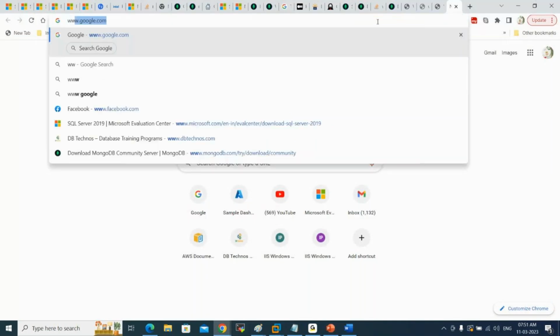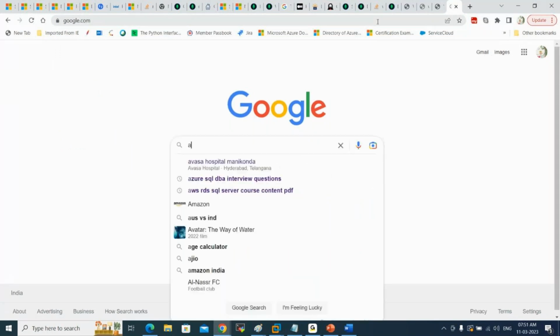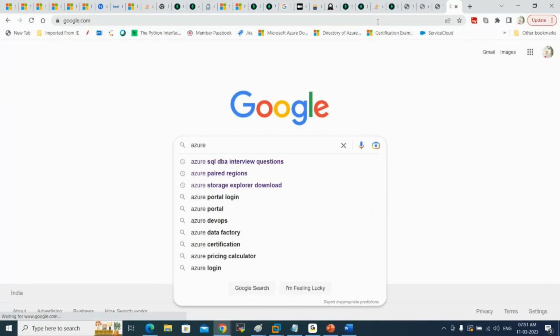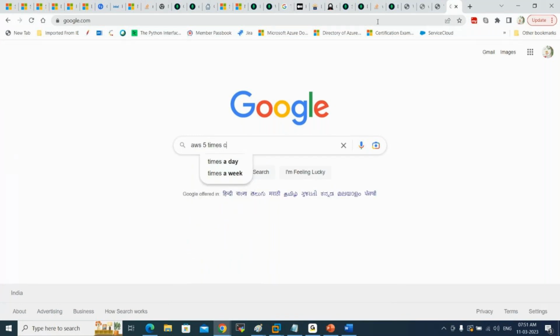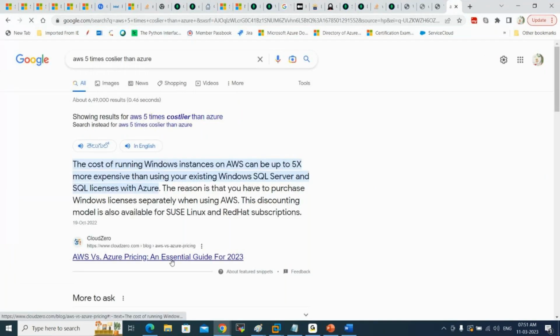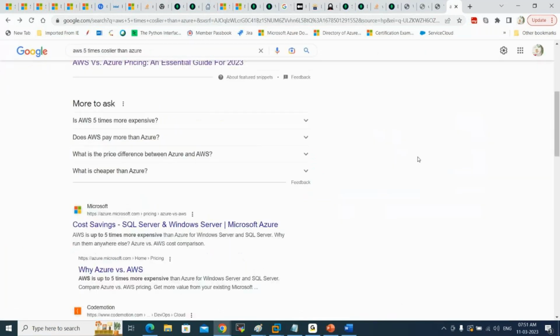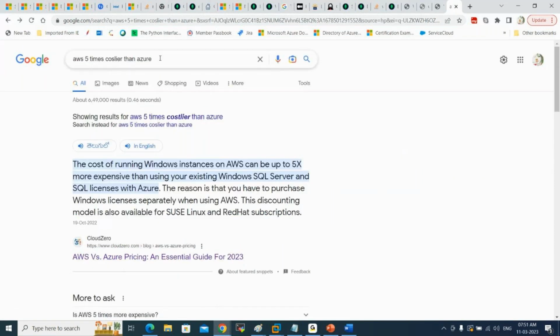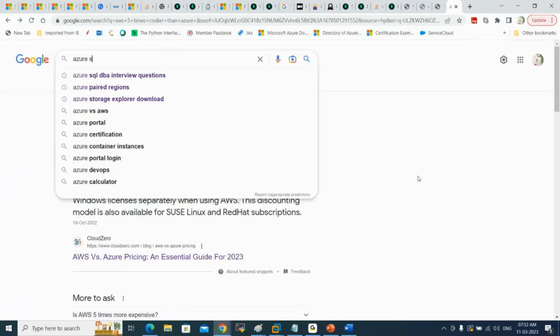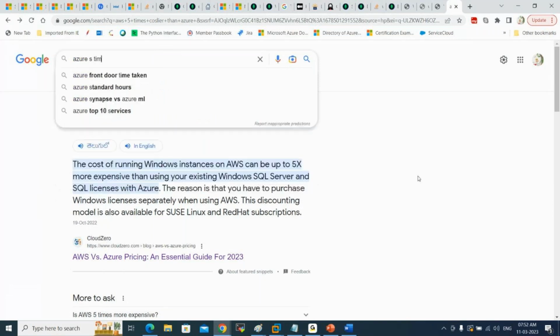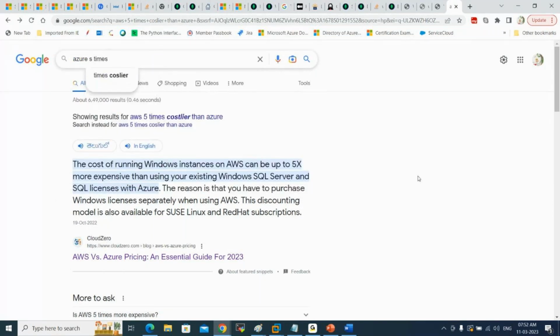Microsoft is claiming AWS is 5 times costlier than Azure. They have written it on the official website. Let me go to it.